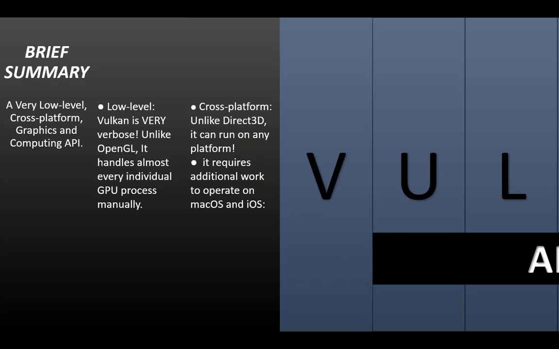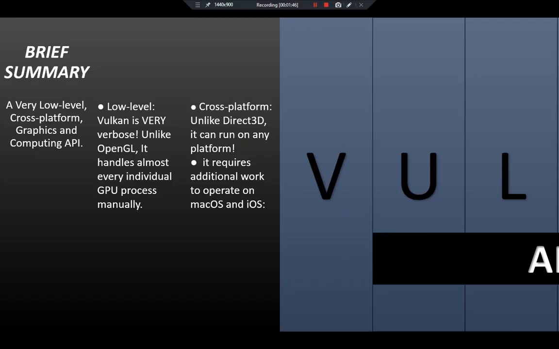So it says it's cross-platform. What does cross-platform mean? Well, unlike Direct3D, which is a graphics API specifically for the Windows operating system, Vulkan is cross-platform. It can run on any platform like macOS, iOS, Linux or Windows, everything, right?